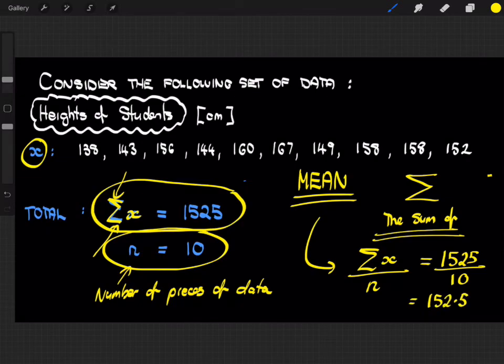Because this data is in centimeters, we'll write centimeters there. That's the mean, what people traditionally refer to as the average. If you look at our data, the lowest value is 138, the highest value is 167, and so that sounds about right, okay? So that's how we work out the mean.